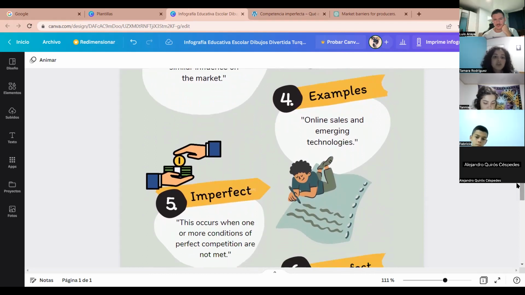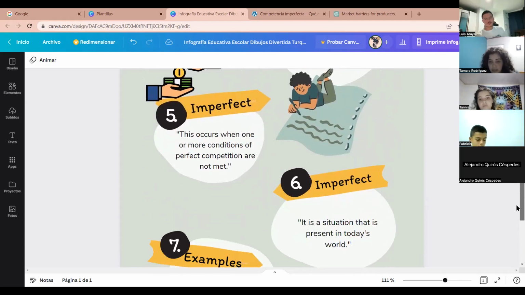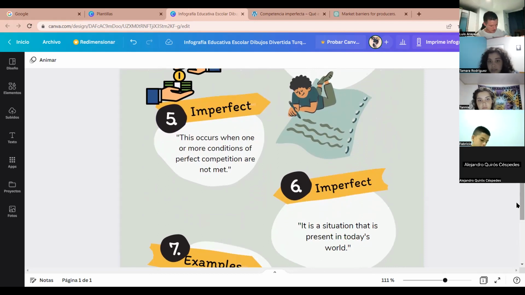And some characteristics of imperfect competition are: this occurs when one or more conditions of perfect competition are not met, and it is a situation that is present in today's world.